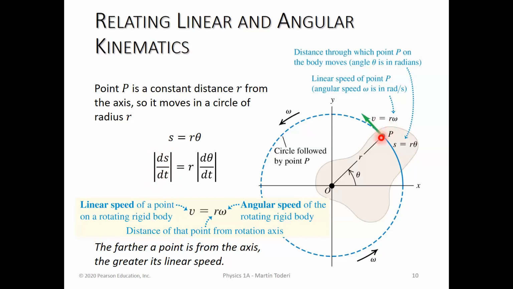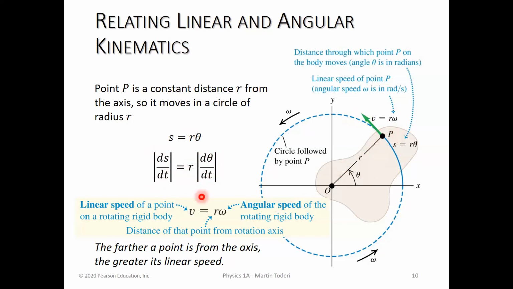So this is the tangential velocity that we're getting here. And that's r, which is a constant in our system, multiplied by the derivative of the angular position with respect to t. So this is omega.